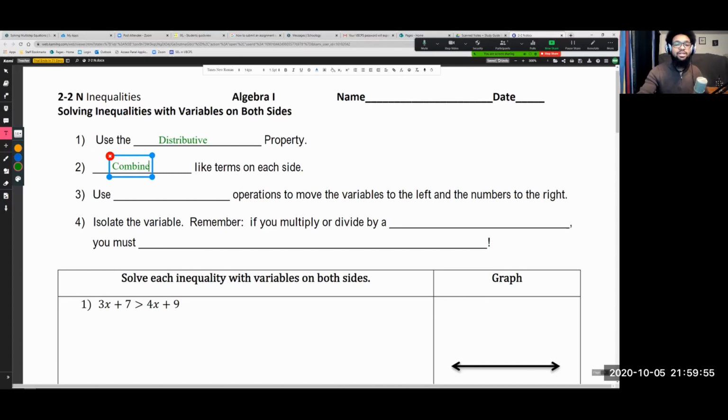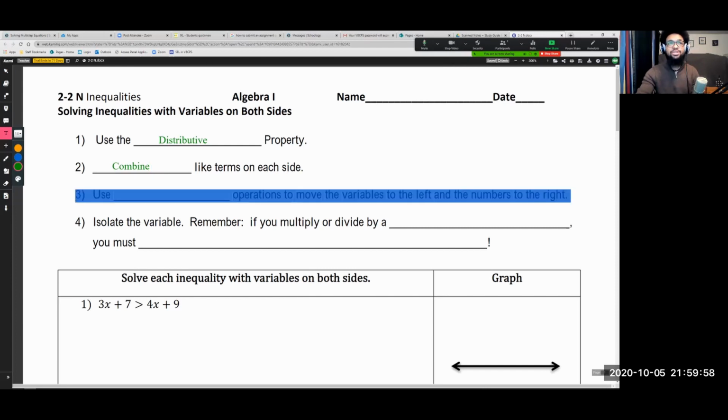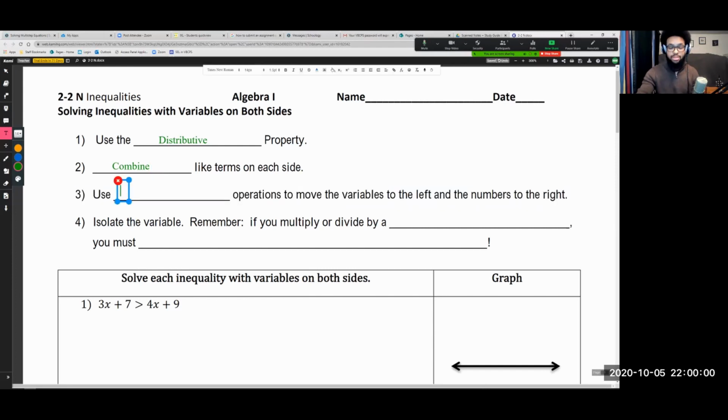And after we combine our like terms, we're going to use our inverse or opposite operations to move the variables to the left side and the numbers to the right. Now that's kind of an important part for how we're going to be doing this. Moving our variables to the left and our numbers to the right. That's going to help us out when we go to graph these, right?